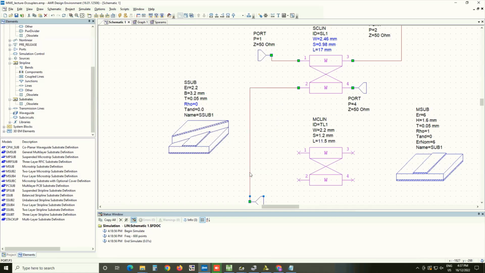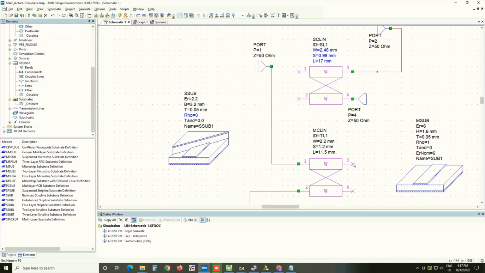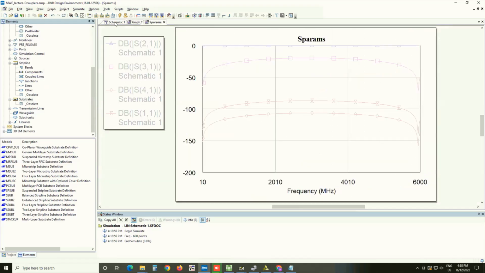Just going to connect the same ports here. Something got messed up.